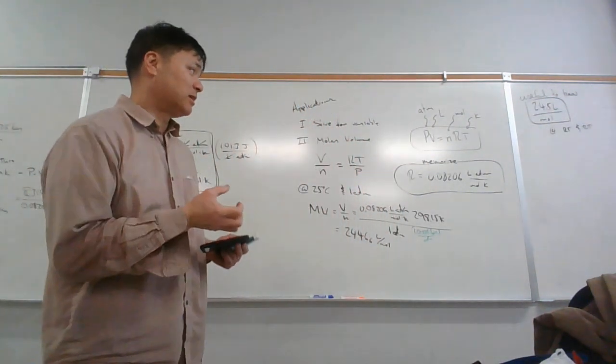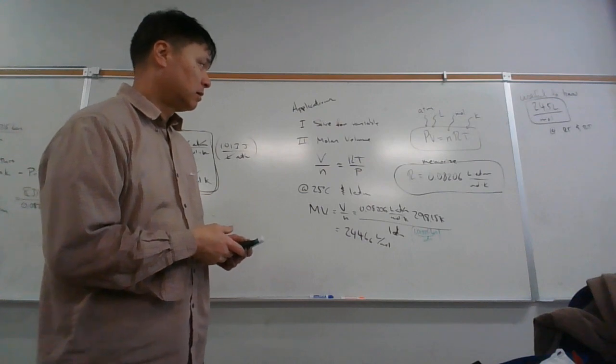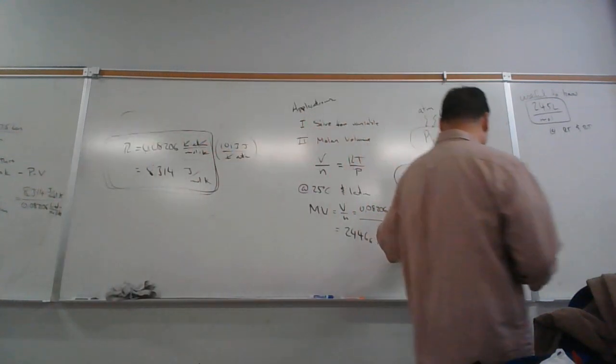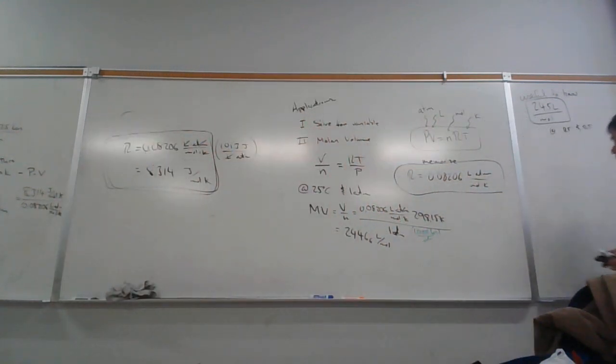A bar is a little bit smaller than an atmosphere, because it takes more bar to make an atmosphere, and so it's a lower pressure. Lower pressure means the volume is going to increase. It's not going to increase by much, just a little bit. So let's see how much it increases by. I'm going to divide by 101.325. Did I get that right?